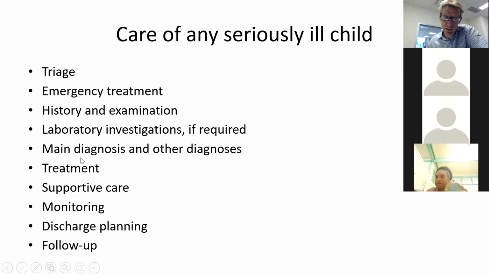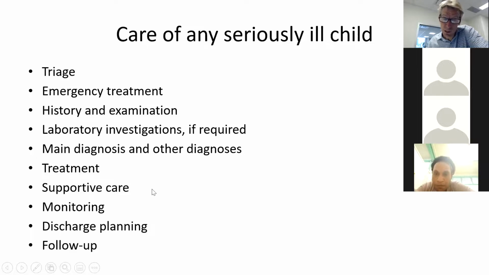You might make a diagnosis of meningitis, but also think to yourself, does this child also have cerebral malaria, or a cerebral abscess, or might they have TB meningitis? And you've got to then get more information to see whether those other diagnoses might be true. Then we come up with a treatment plan.